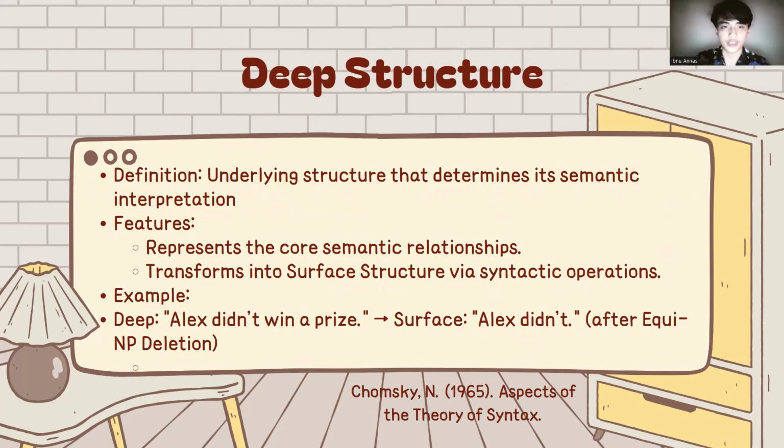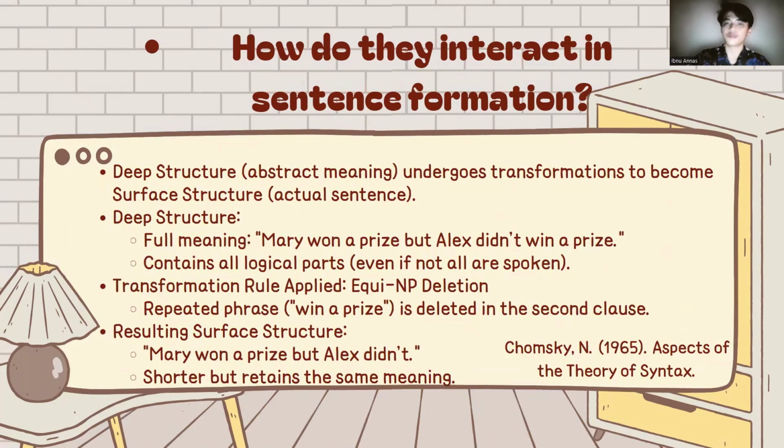So the definition is the underlying structure that determines its semantic interpretation. It represents the core semantic relationships, transformed into the surface structure via syntactic operations. So that's my explanation about the surface structure and deep structure.